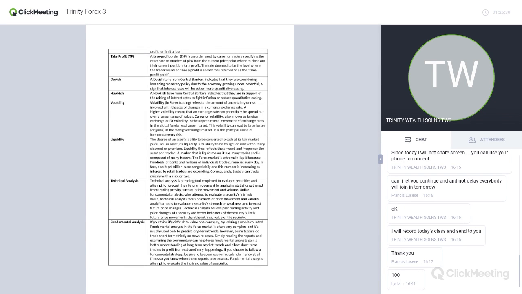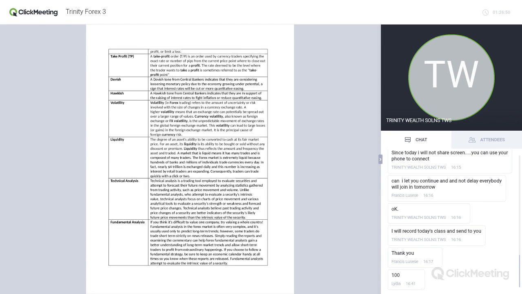Then we have volatility. Volatility refers to the amount of uncertainty or risk involved with the size of changes in a currency exchange rate. A higher volatility means that an exchange rate can potentially be spread out over a larger range of values.